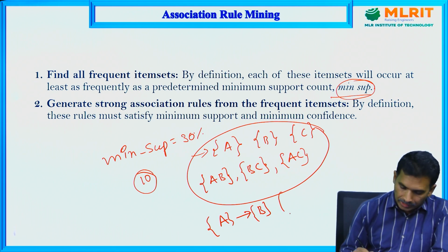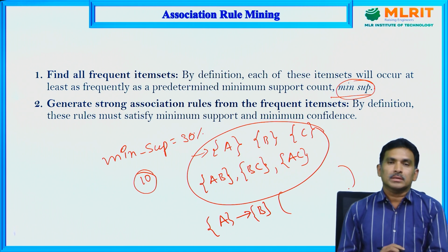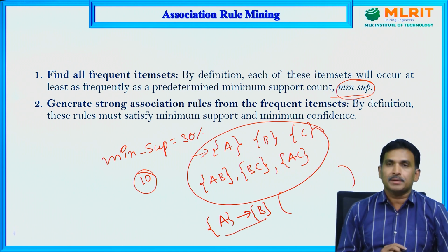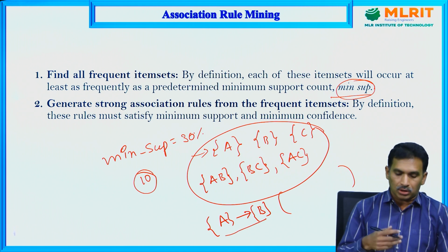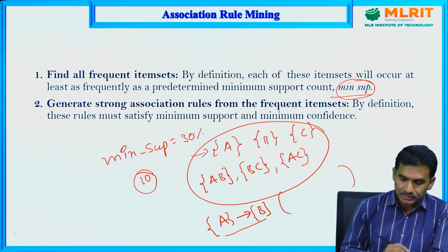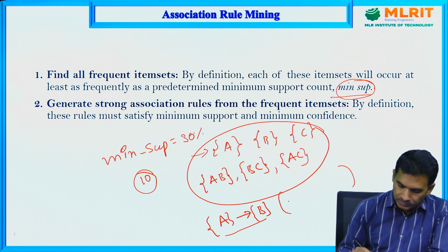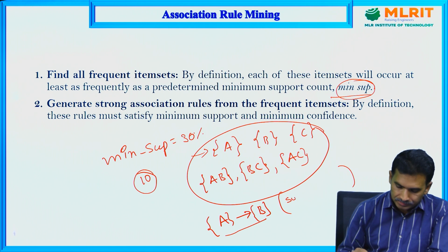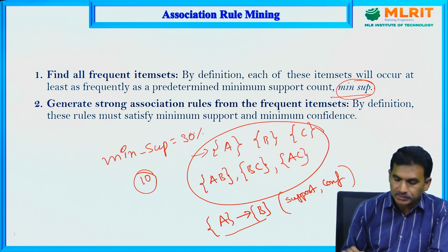Now I have to find out whether this rule, if A then B, is interesting or not. To measure whether this rule is interesting or not, we use the support and confidence measures.